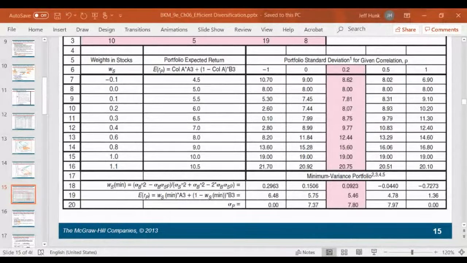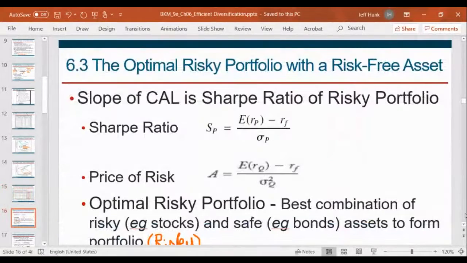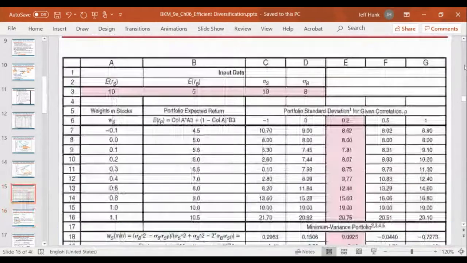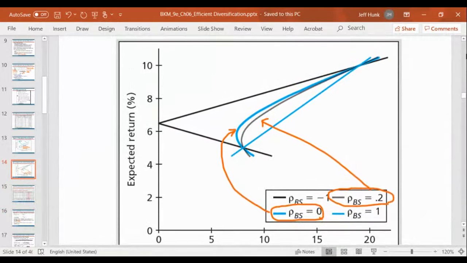Okay, let's see. Yeah, you're watching it, right? So when we had those different correlations, yeah, here it is. This is the shape of the investment opportunity set, the investment opportunity frontier, right?